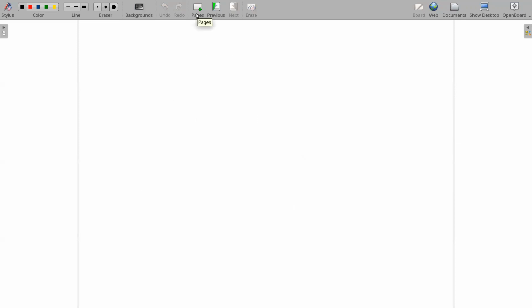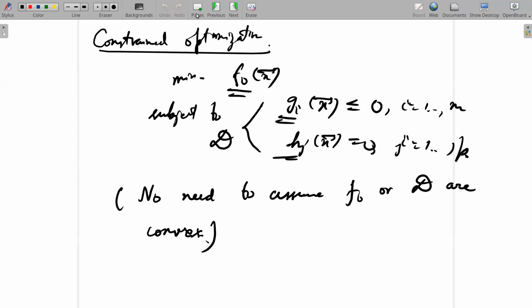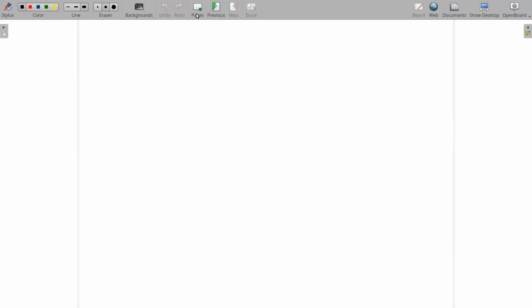So there are many problems where you really don't want the convexity assumption. But somehow, in general, you can get some sort of convexity out of this problem. So that's what we'll see in the rest of the lecture.